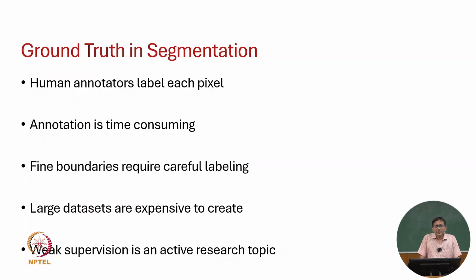And having human annotators label each pixel is a time-consuming process. Furthermore, the fine boundaries, say there is a grass court and then a road beside it, boundaries between such objects can be very challenging to label.